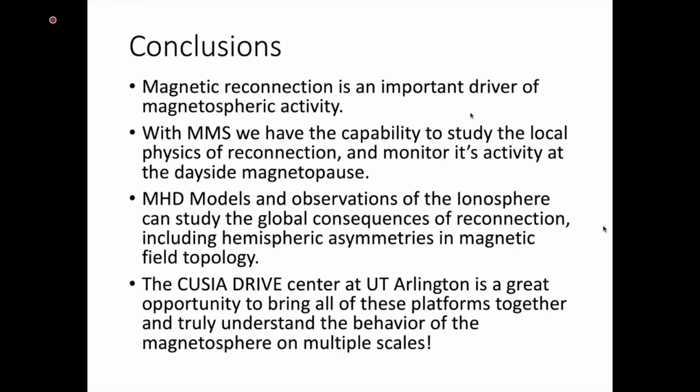I do remember for strong BY, for example, that you would often see the enhanced Joule heating on those first merging cells just inside the open-closed boundary. So it really was at the foot point of the magnetic reconnection. So I can imagine that if you have one hemisphere that's more stagnant than the other with respect to reconnection and opening fields, you might end up getting lower Joule heating rates, would be my suspicion, but I'd love to test that hypothesis.